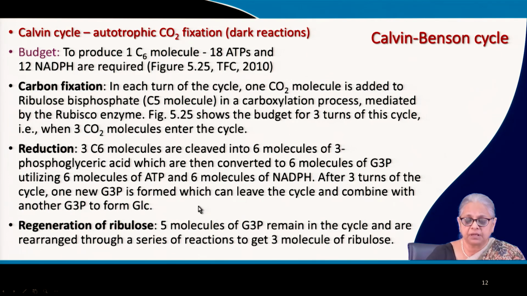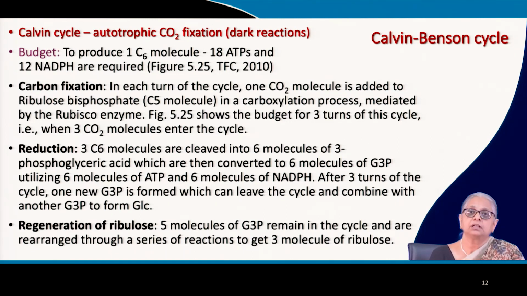and there are still 2 glyceraldehyde 3-phosphate that are remaining. To regenerate ribulose, you need 5 molecules of G3P to remain in the cycle. G3P is a C3 molecule, and 5 molecules means you have 15 carbons available. These carbon compounds are rearranged through a whole series of reactions, and the end result is 3 molecules of ribulose, being C5.